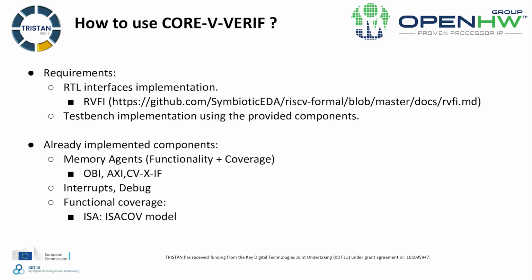We also have coverage and the functionality for all the agents. So there is no need to do yet another coverage of AXI. And as I've said, we have the ISA coverage, which is again a good thing.